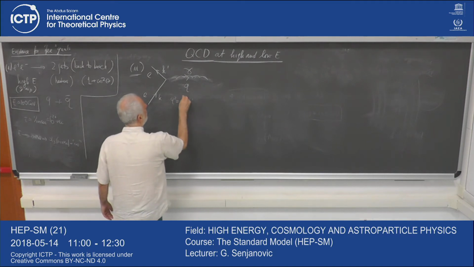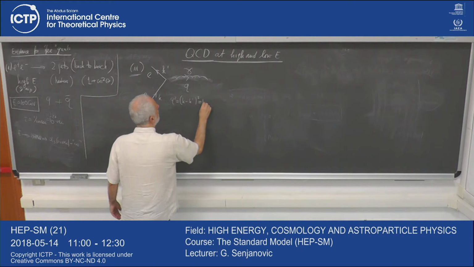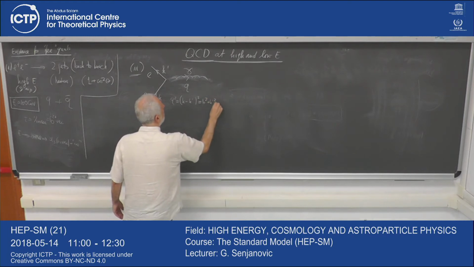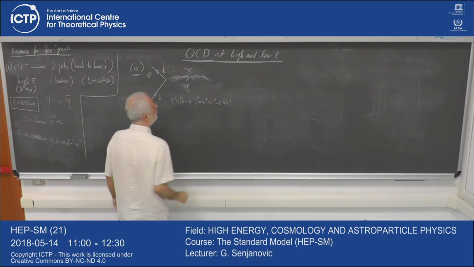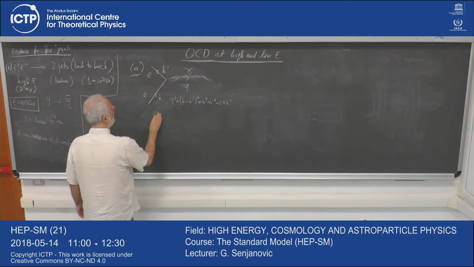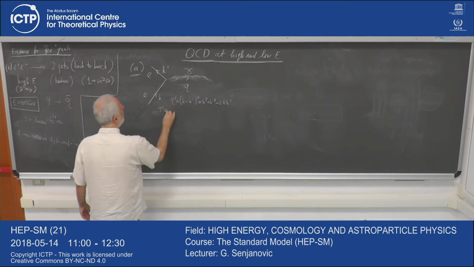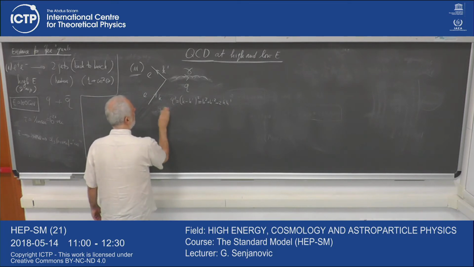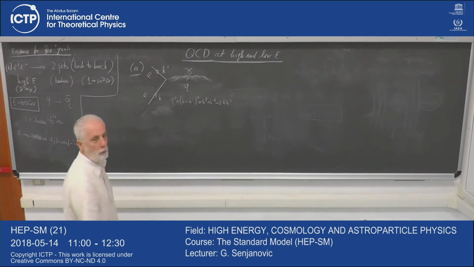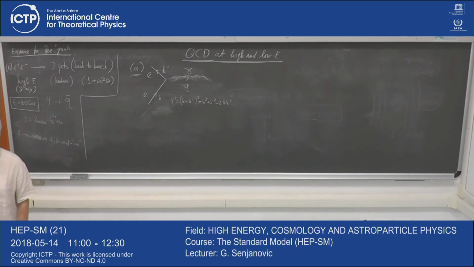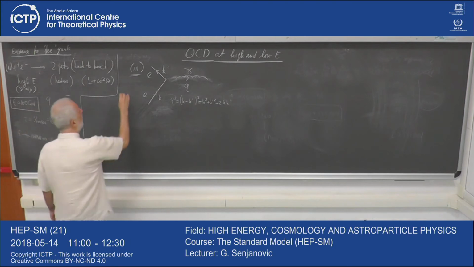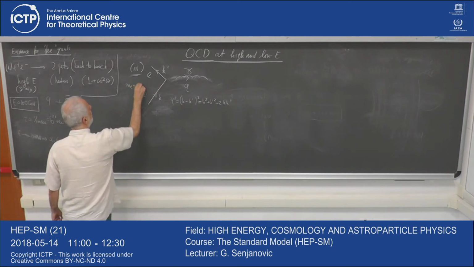That's k minus k prime squared, which is k squared plus k prime squared minus 2k k prime. We are going to look, you and I, into q squared. We want to have large q squared. Therefore, we are going to work in the approximation of electron mass being 0.